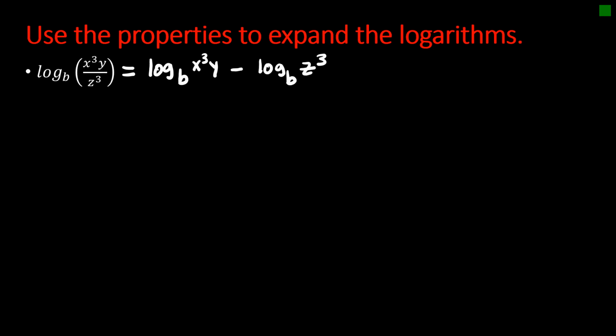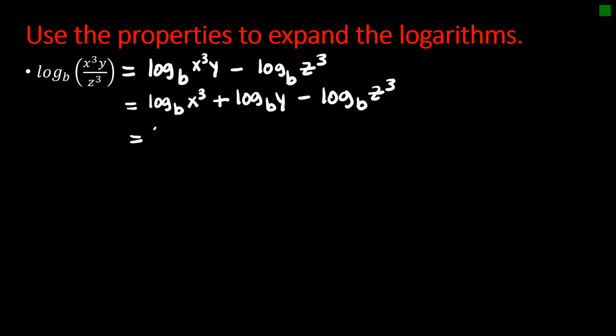Then we notice here in the first log we have a product. And remember, products break down as sums. So we have log base b of x cubed plus log base b of y minus log base b of z cubed. But we're not done quite yet because we have some exponents. Remember that exponents come down as coefficients.